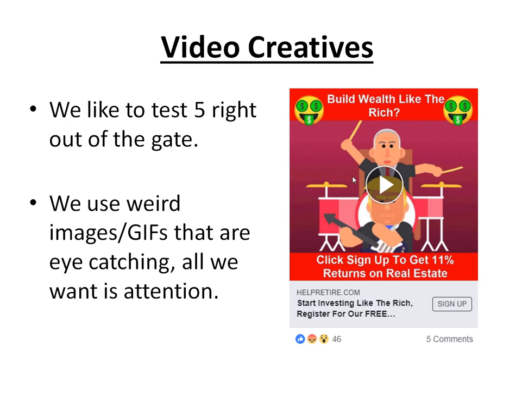This is one of our best ads. We just put this headline up there, we added these 2 emojis, and essentially it's them strumming along and playing music. So we use weird images and GIFs that are eye-catching, and all we want is attention, and then the ad copy that we actually run pre-sells them on opting in or purchasing.